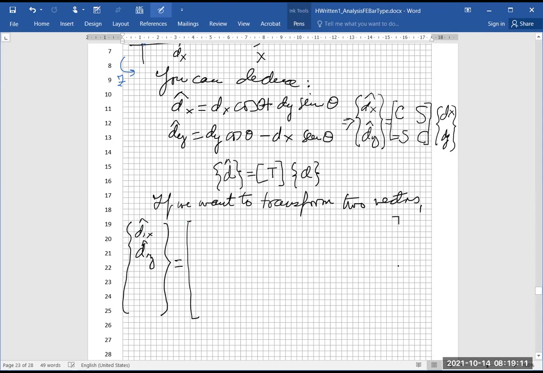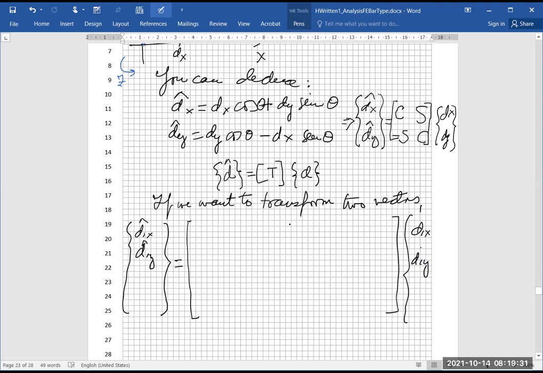What we can do is use this relation here, and express that as a function of d1x, d1y, the components of the same vector in the global reference system. And this is what we have.